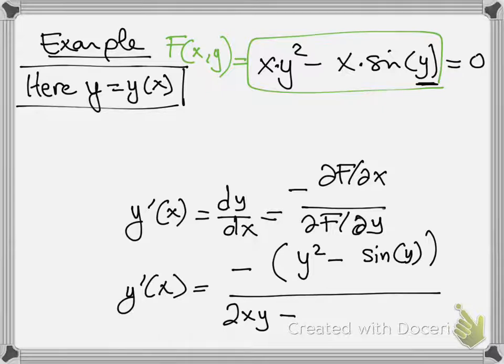X is a constant, so we use the product rule: 0 times sine of y plus x times the derivative of sine of y. The derivative of sine is cosine, so that's x times cosine of y. So it's 2xy minus x cosine of y.